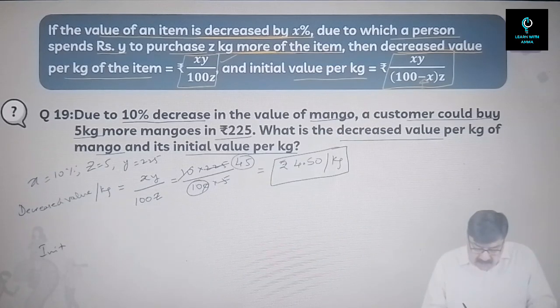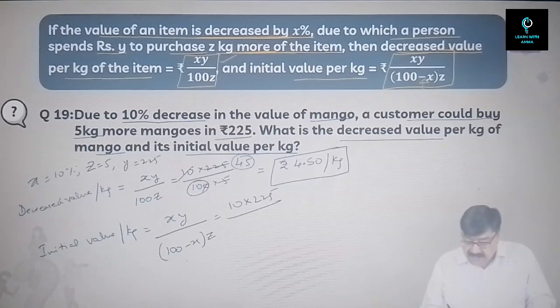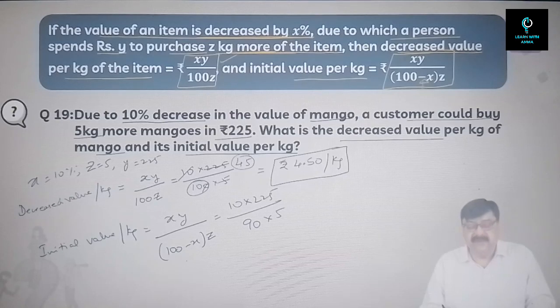Well, the initial value per kg shall be found out using the formula xy by (100 minus x) into z. That is 10 into 225 by (100 minus x). X is how much? 10. So directly we will write 90 here into 5. So the zeros will cancel here.